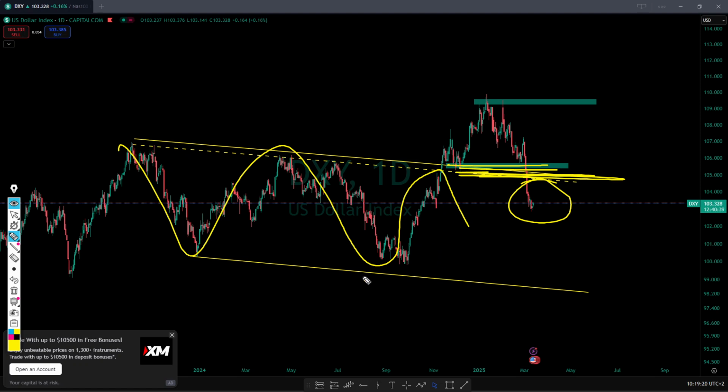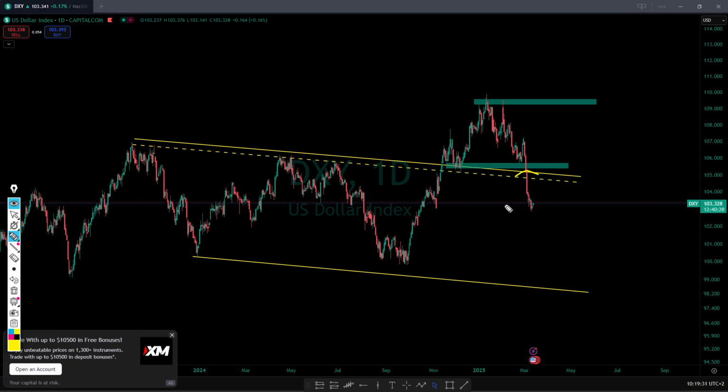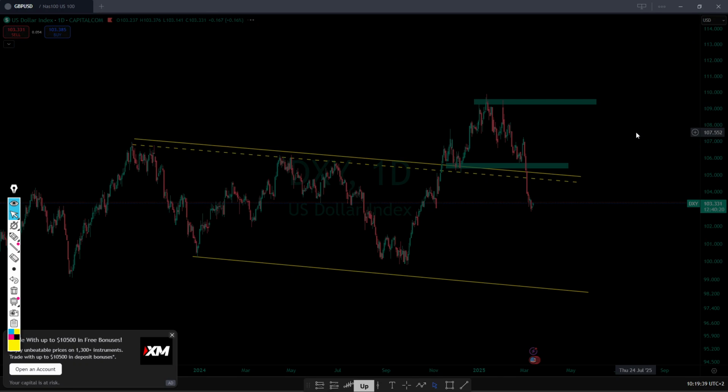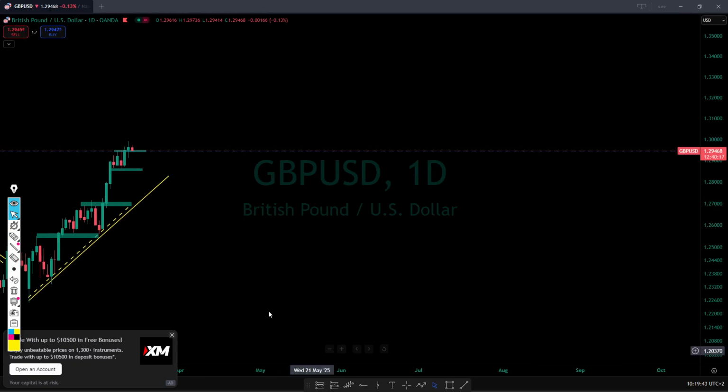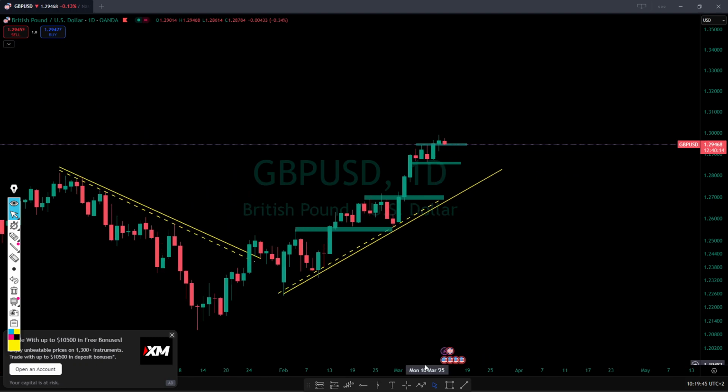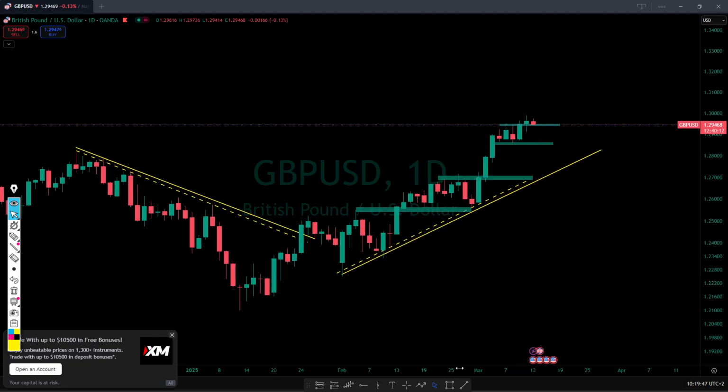So it's quite straightforward that we are going to look for other pairs that are going against the dollar, and we are going to buy them actually because the dollar is losing that momentum, and it might continue like that, especially when we are going to have, I think it's PPI today. If it's going to be weaker, we might expect to see the dollar continuing with that weakness again.